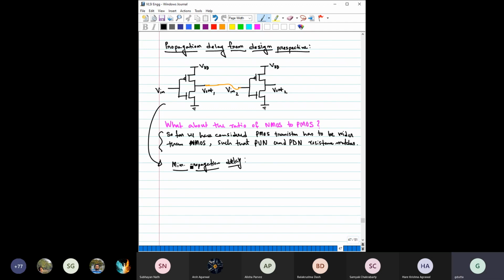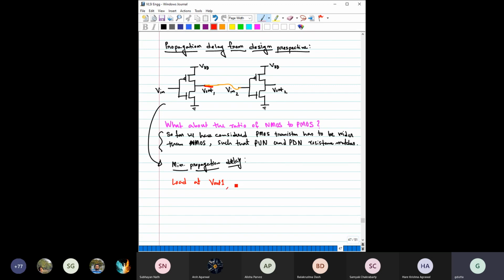This is now our main motivation. For that we have to consider the total load seen by this first inverter. When you consider the total load, that means we have to consider the load at this V out, so the load at V out 1.